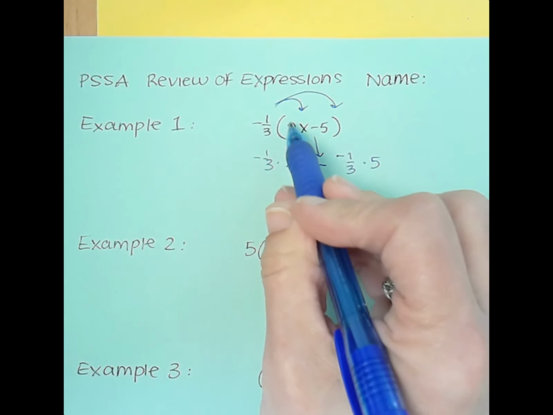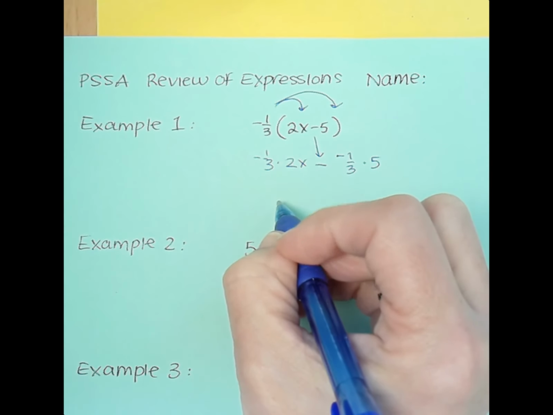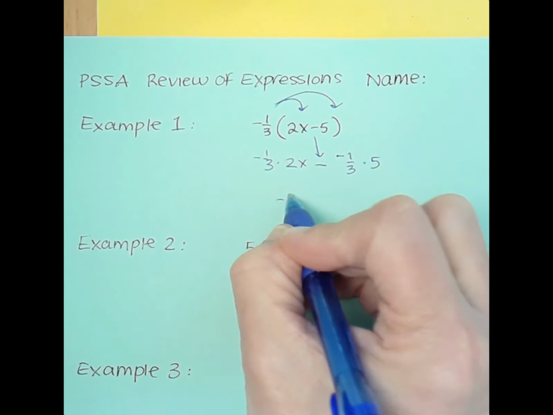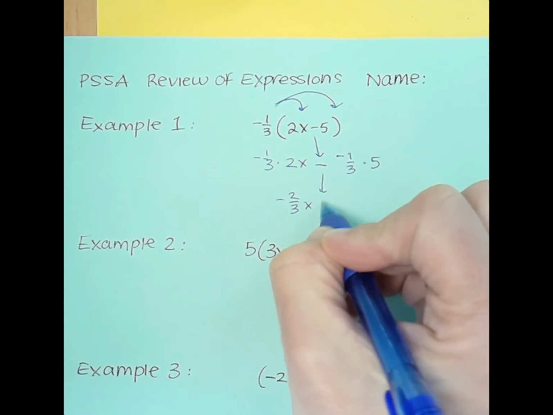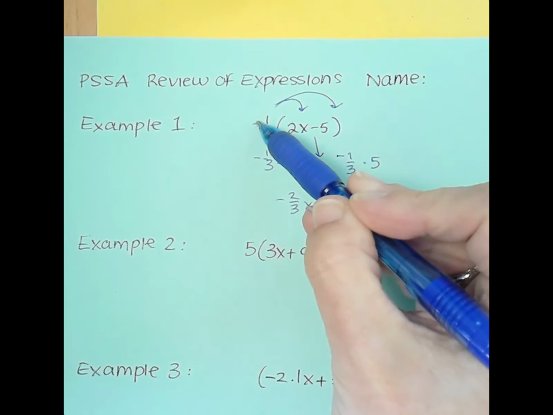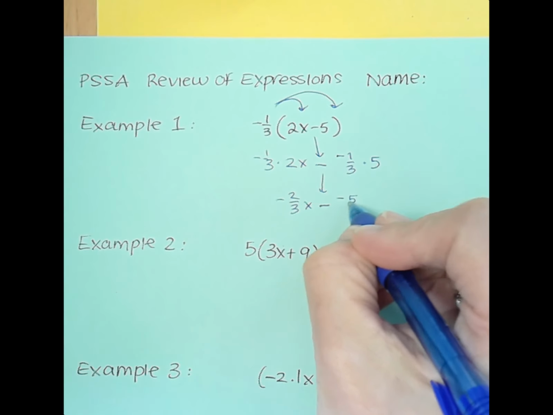But we could just do this on a calculator, or if you're good with fractions, on your own. Negative 1/3 times 2x would be negative 2/3 x. The trick here is we have a minus, but then negative 1/3 times 5 is negative 5/3.